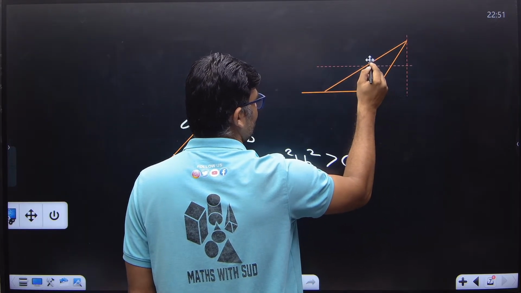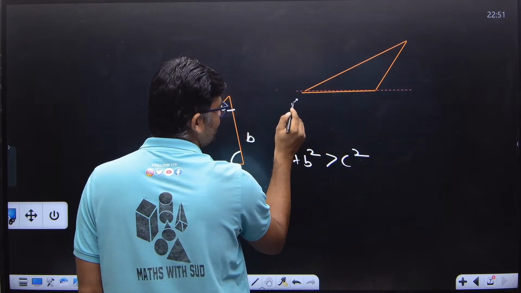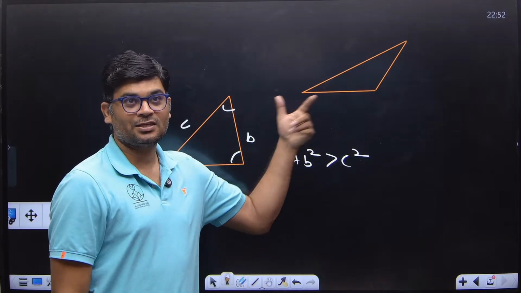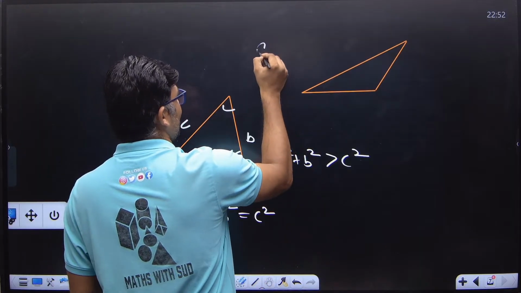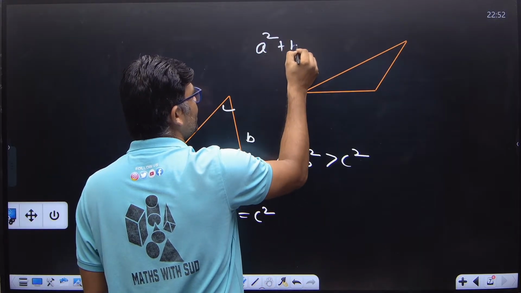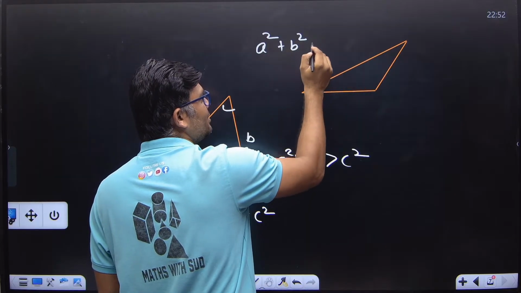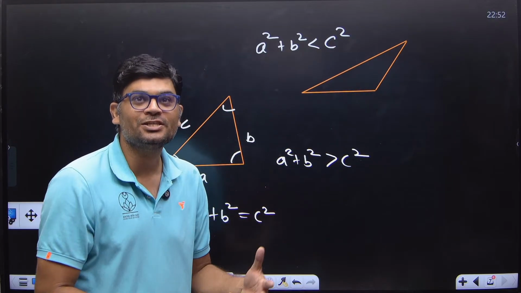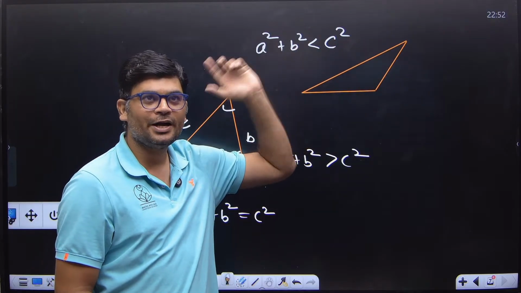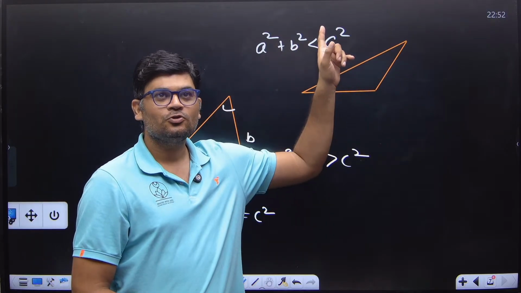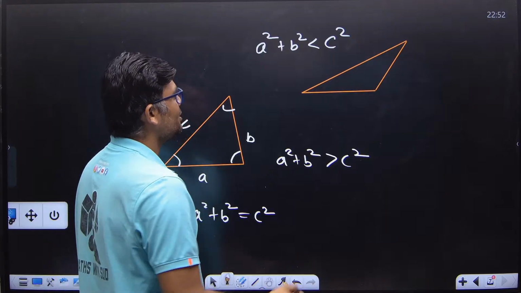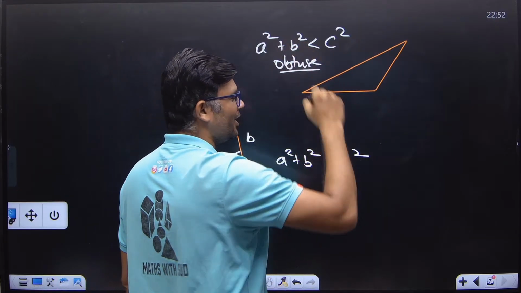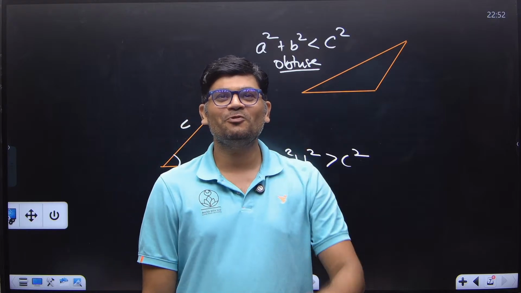A remains the same, B remains the same, I have to increase the length. Since C has been increased, C squared will now be greater than A squared plus B squared. So if that is the case, we say that the triangle is obtuse.